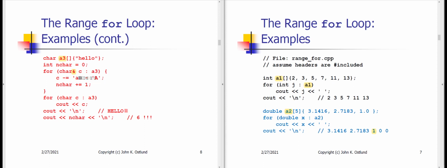So the difference between the little a and the big A is 32. If I therefore take a lowercase letter and subtract 32, I get the corresponding uppercase letter, and because I'm doing this by reference, that's actually going to modify the character back in A3. And I'm then counting each character that I do this to.